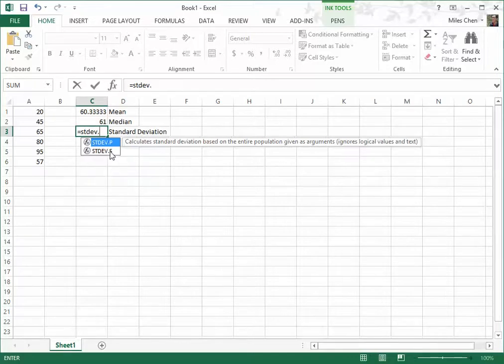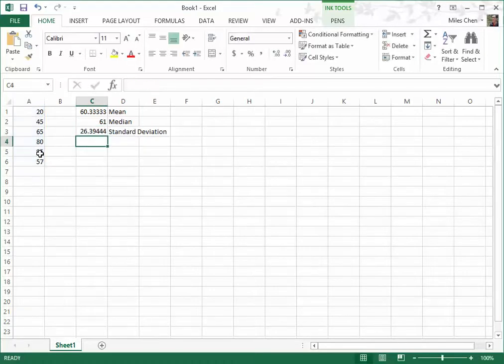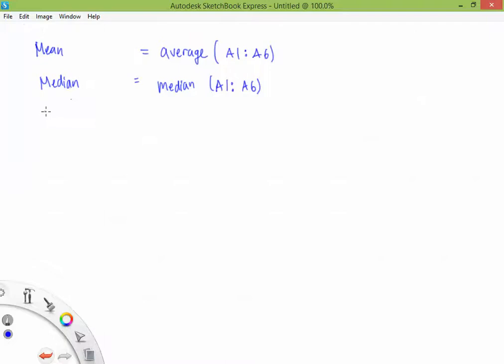Now, we didn't get into the difference between .S and .P. For the standard deviation, it's STDEV.S, and then you put in your range of numbers. I'll write that over here: STDEV.S parentheses A1 through A6.